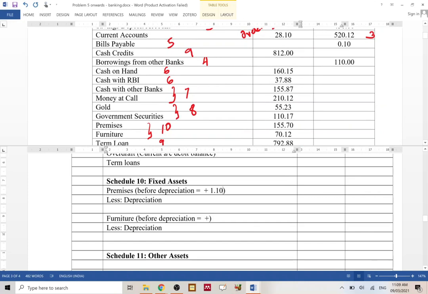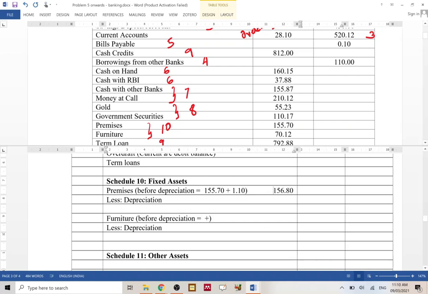So we need the amount before depreciation. How much will it be? After depreciation the amount is 155.70. To that, if we add the depreciation, we get the final amount, which I will put here. So this would equal 156.80.